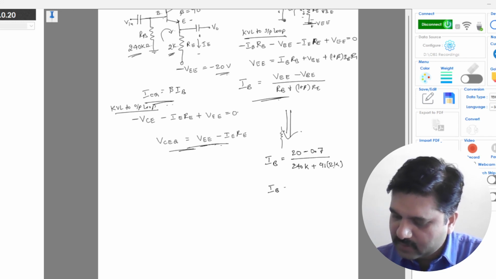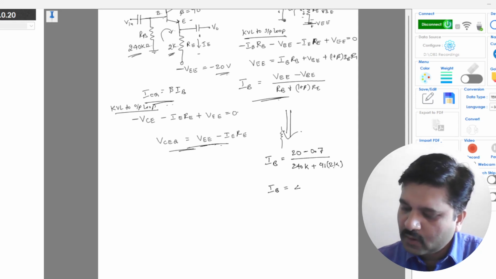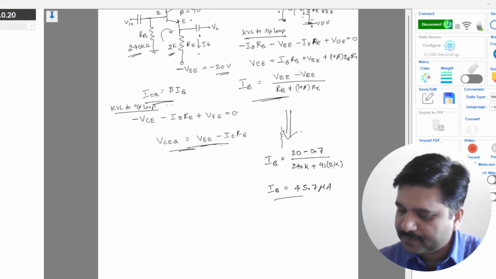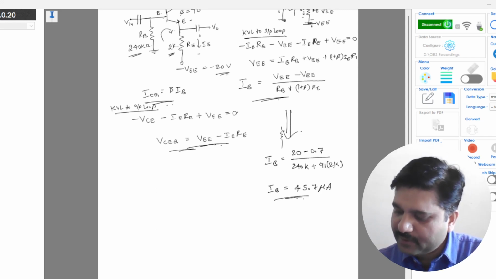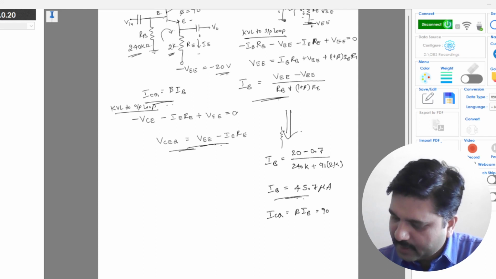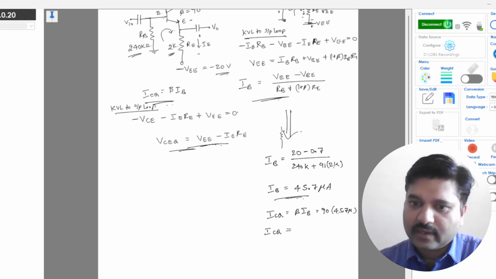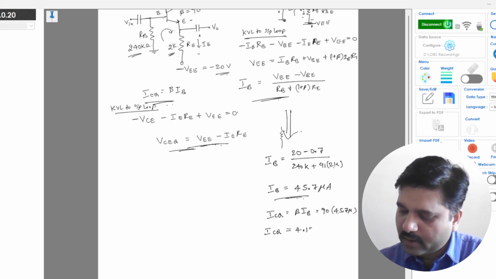So on solving this, you will get IB around 45.7 microamps. So once you have IB, you can get ICQ, which is beta times IB. Beta is 90 here, so 90 into 45.7 micro. So you will get ICQ as some 4.12 milliamps.